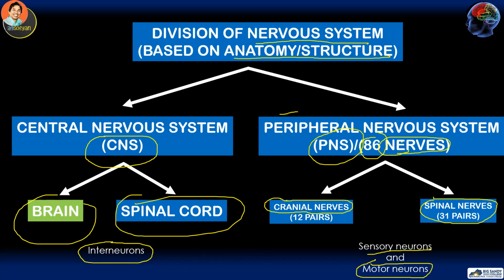The function of this PNS, or the nerve, is connecting the receptor to the CNS and the CNS to the effector. So again, today we will focus on the CNS, the central nervous system. We start with the brain.